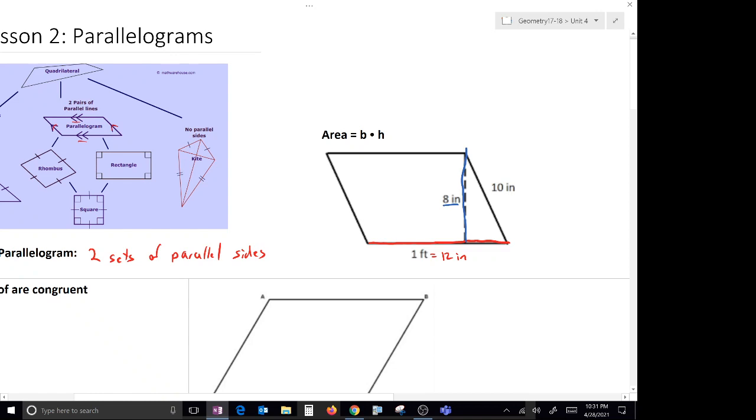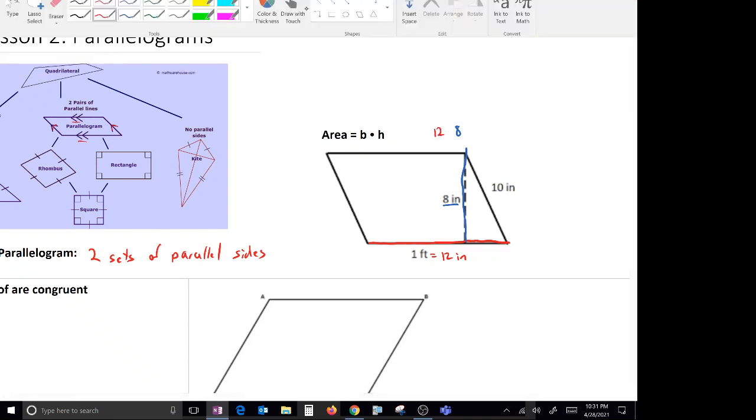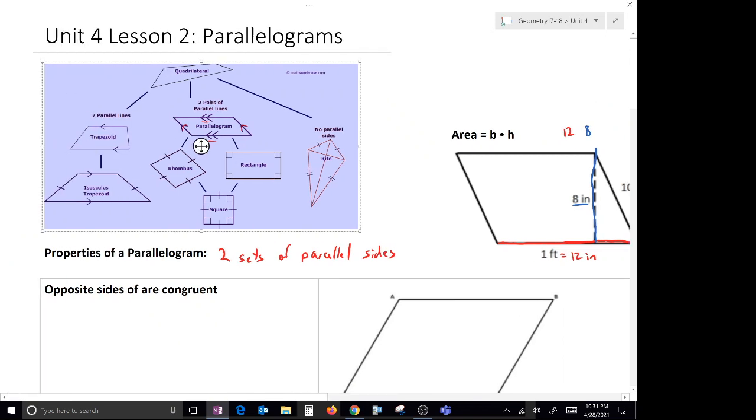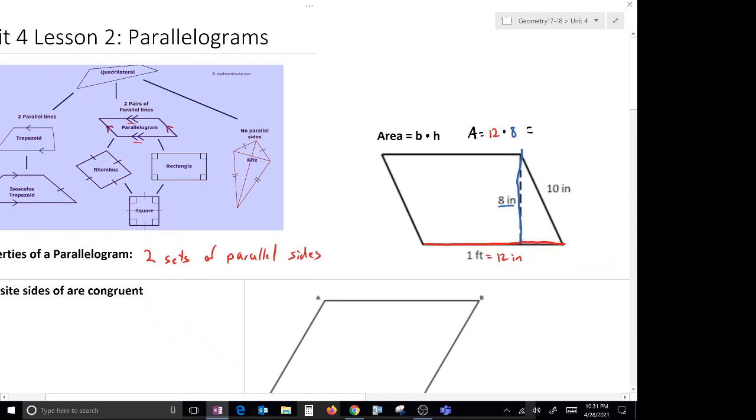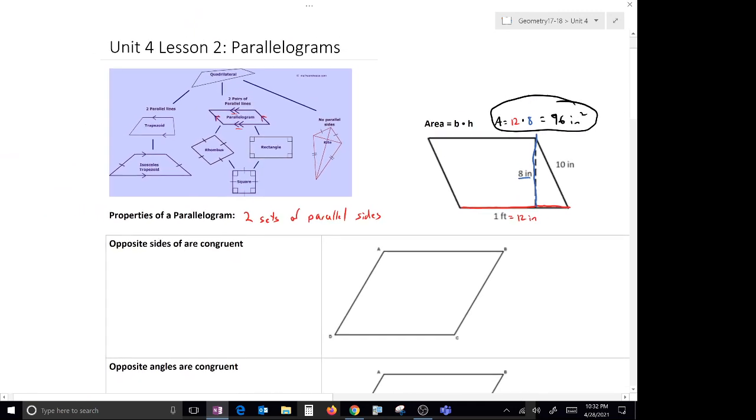So it would be 12 times 8 for our area, which would ultimately equal 96, and our units are square inches here. Okay. All right. Other properties of a parallelogram.